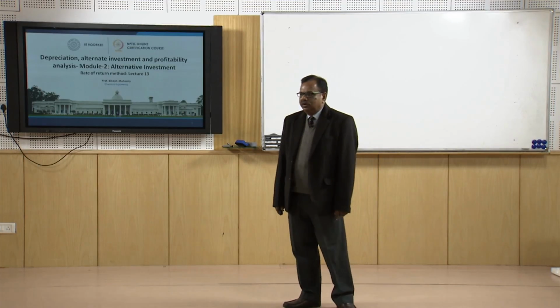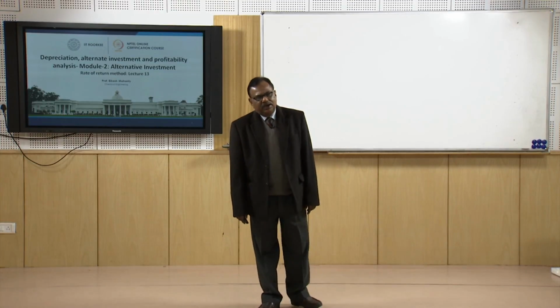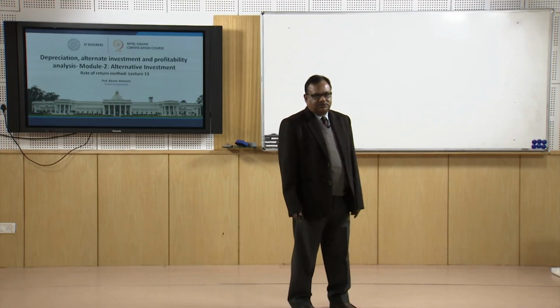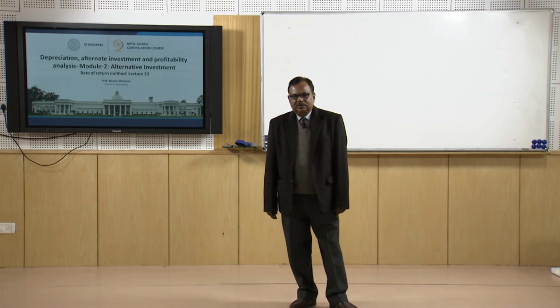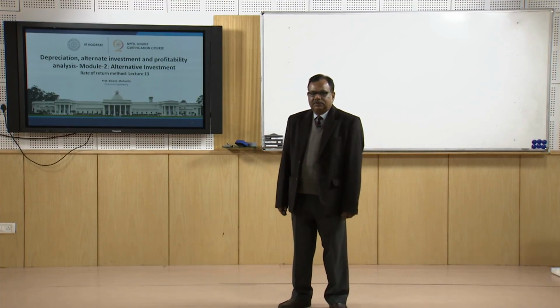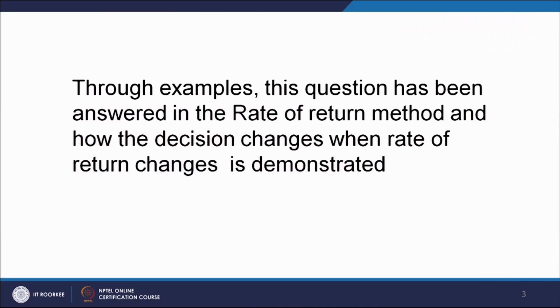This is what we are going to investigate in this lecture, and you will see that when the rate of return changes, the decision will also change. Through examples, this question is answered and how the decision changes is demonstrated.